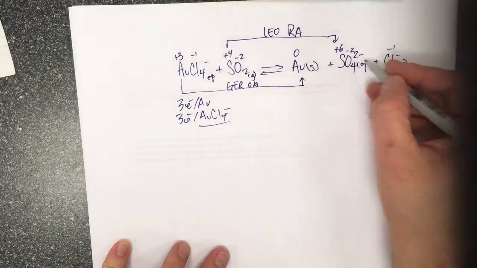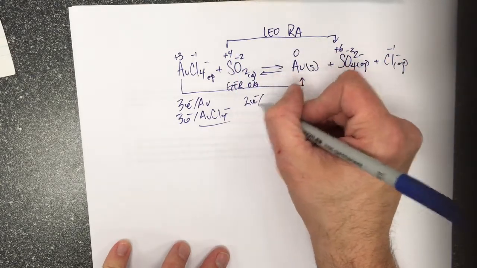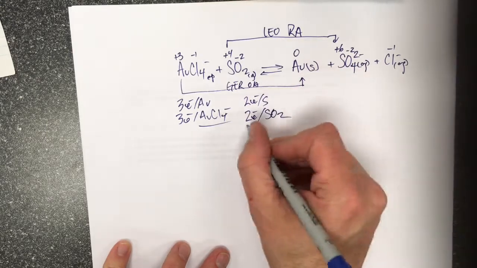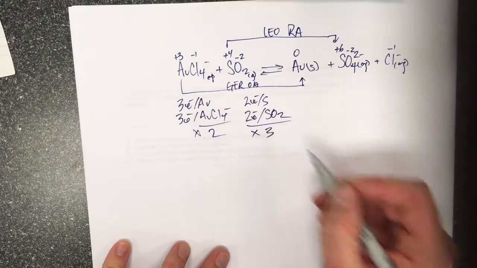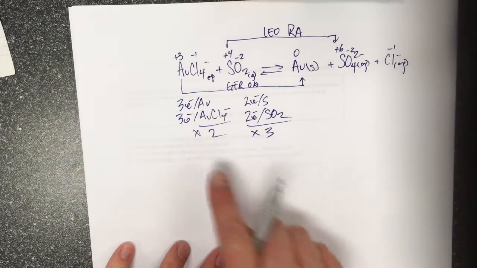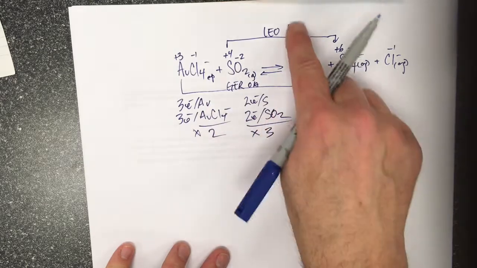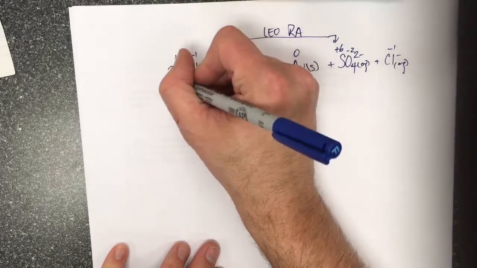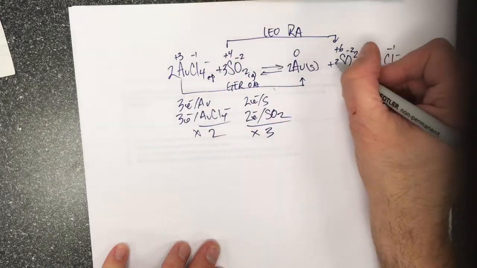And here we've got 4 to 6, so that's 2 electrons per sulfur, 2 electrons per the sulfur dioxide. So my lowest common multiple is going to be 6, so I can answer the moles of electrons transferred. It said how many moles of electrons are transferred, 6 moles of electrons are being gained, and 6 moles of electrons are being lost. So I need 2 golds, and I need 3 sulfurs, and 3 sulfurs.